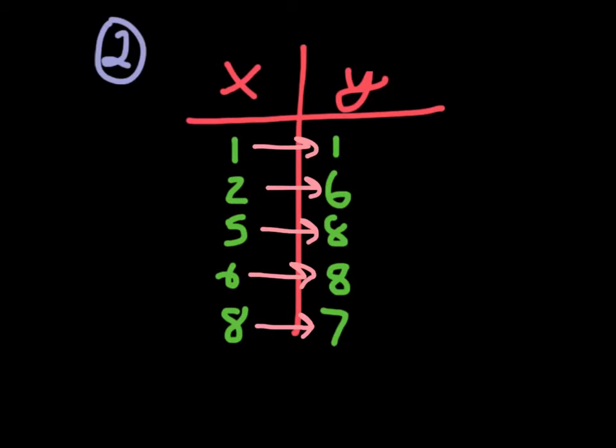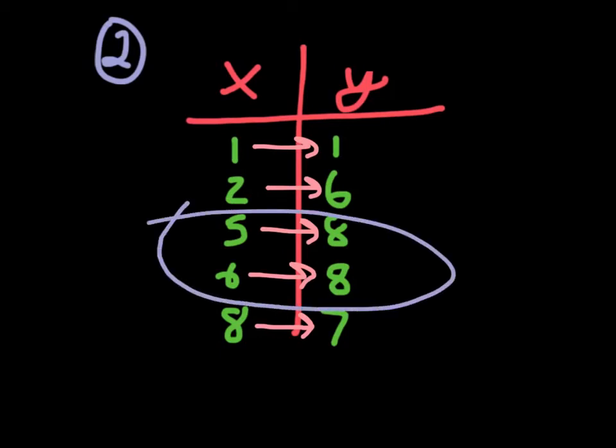Remember, don't get confused with this part right here. Sure, the y has the same values, but that doesn't matter. If the x's had the same values, that would have been a problem. Okay? Keep that in mind. So this is a function.